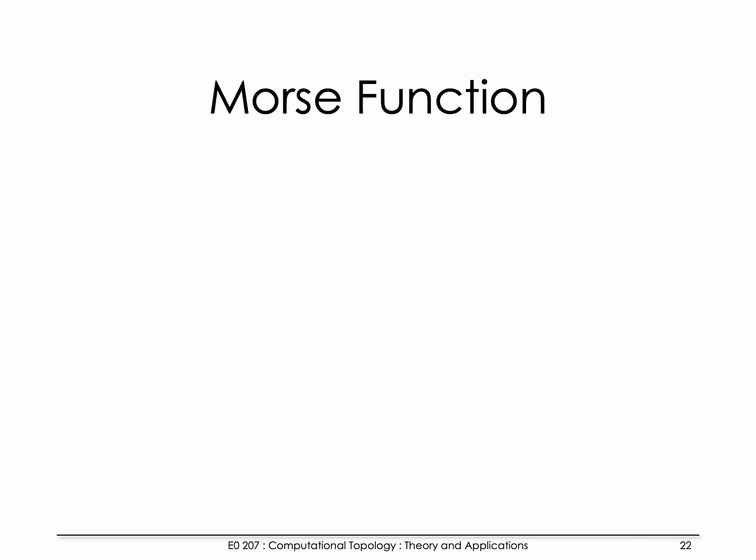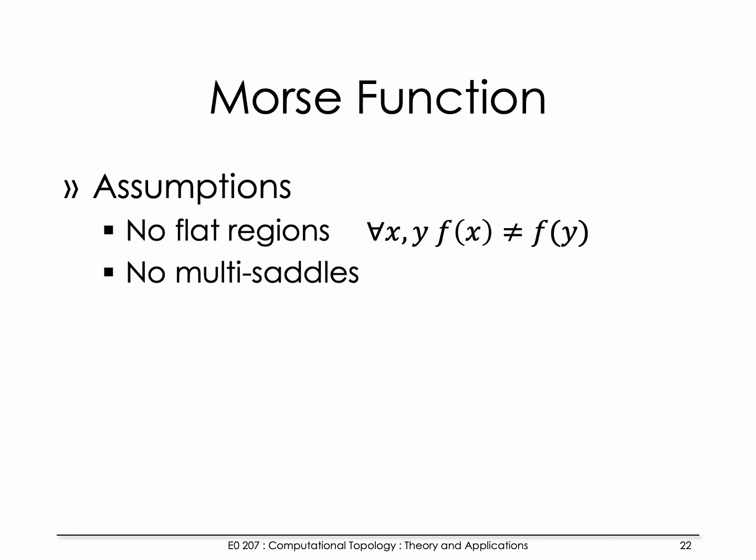Right. To recap, the way we extended the notion of Morse function to piecewise linear functions was by looking at the lower link and computing its Betti numbers, and using these Betti numbers to characterize or to identify the Morse index. We made two assumptions.